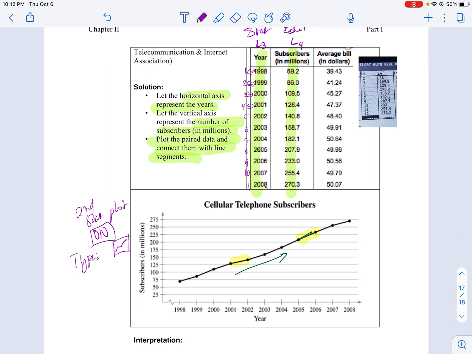And then we have L3 for X, L4 for Y. Now remember, we're going to go to window. I'm going to leave it as it is. This goes from 0 to 12 in increments of 1.